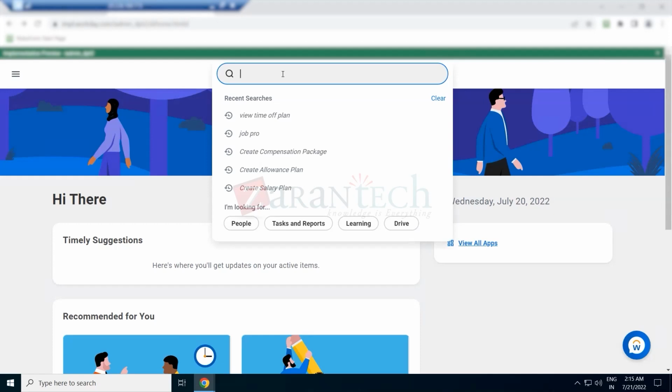This is time off. In leave of absence, you give an estimated date that I may come after 3 months. For example, today is July, so after 3 months, let's take October 15th.